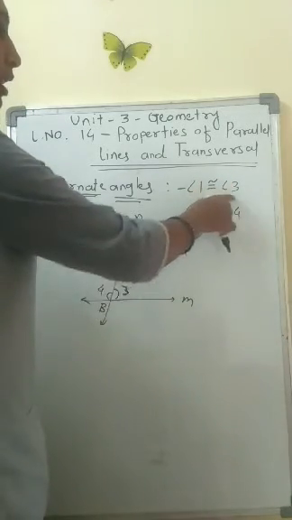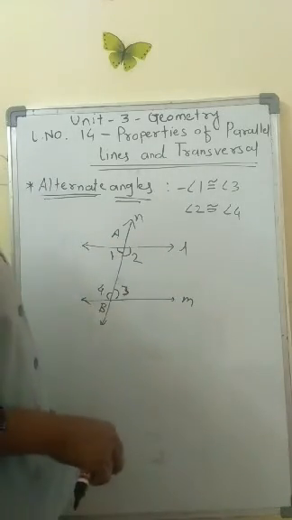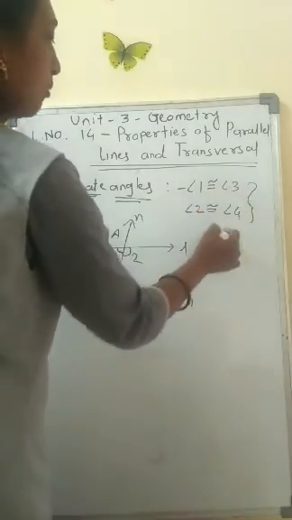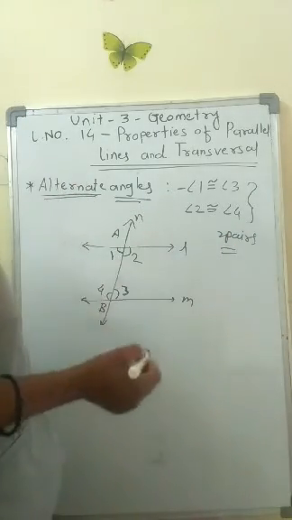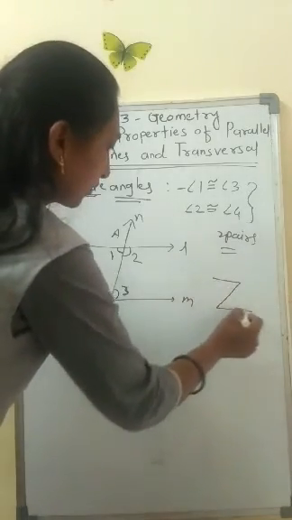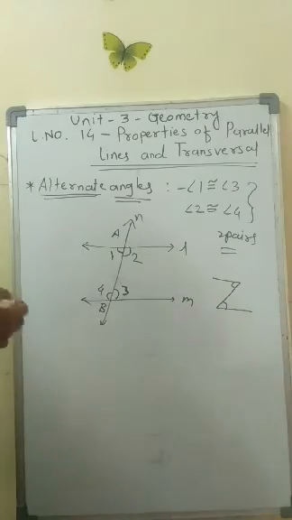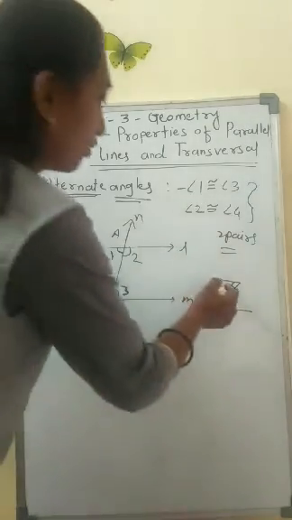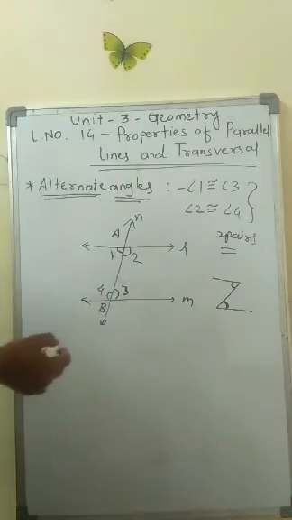It means that angle 1 equals angle 3, and angle 2 is congruent to angle 4. Those are the two pairs formed. And also you can see here, for identifying the alternate angles in any figure, you have to look for the symbol of Z, and those are the alternate angles.